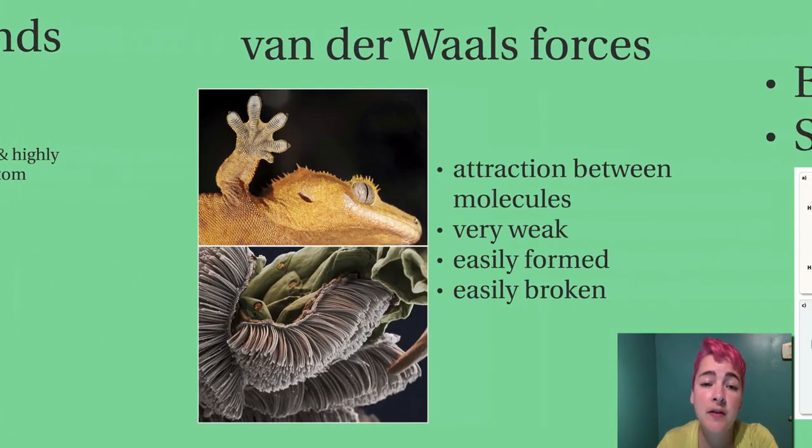Van der Waals forces are close attractions between molecules. In the example of the gecko's foot, the molecules within the foot have a close attraction to a molecule on the wall, and it's a very weak bond, but it's very easily made and very easily broken, and it allows the lizard to walk on upright surfaces.